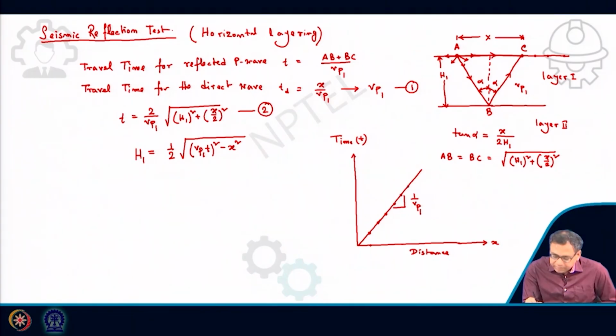This way I will get these points, and if I join those points, I will definitely get a straight line. It is not that first I will get the straight line, then plot the points. No. First I will get the points, then join them to get the straight line, and the slope of the straight line will give me 1 by Vp1. This line is following equation number 1.